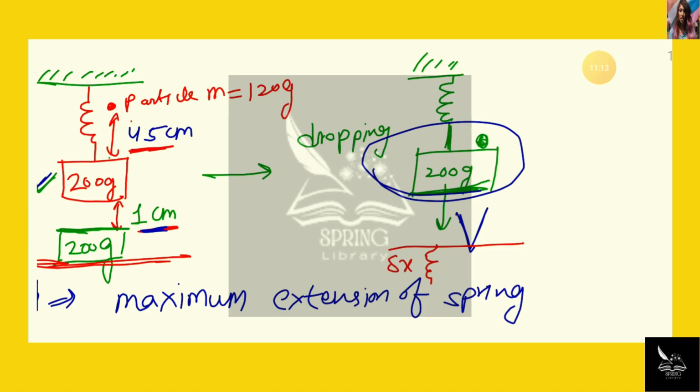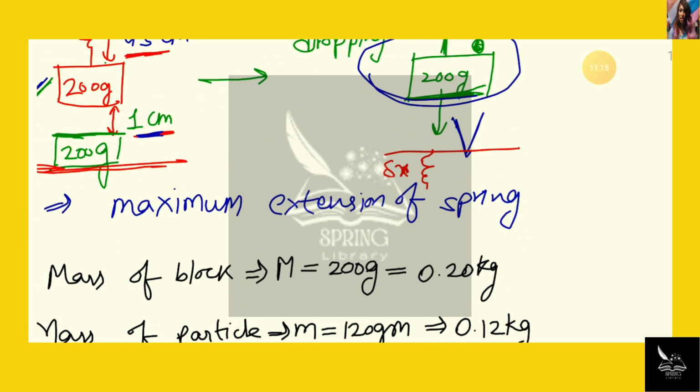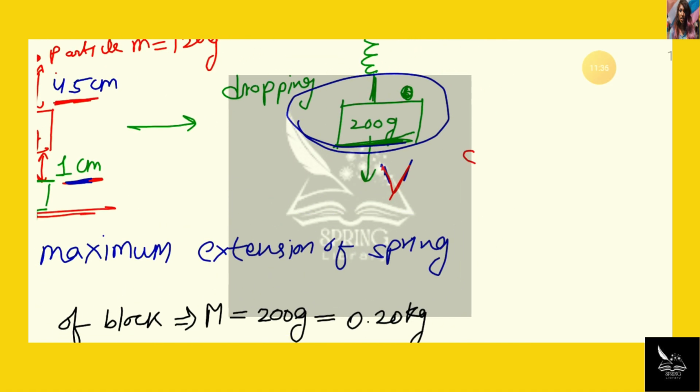So that means after collision, the final position will be when they are clinging to each other and going downward with final velocity, then consider that after del height they take an equilibrium position.